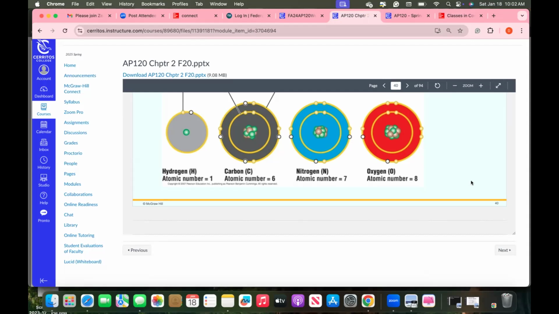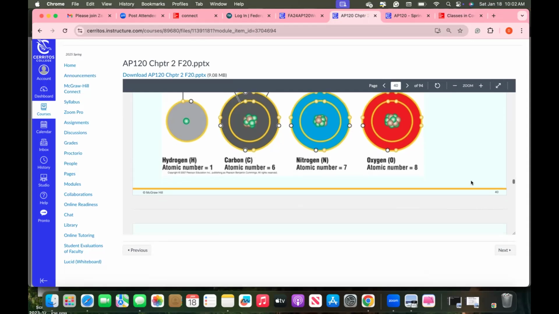Oxygen is easier because it has 2 in the initial shell, and then it has another 6. So it's got 2 at the top, 2 at the side, and then it shares 1 and 1. That is usually how it's drawn. Okay, that's an oxygen atom.